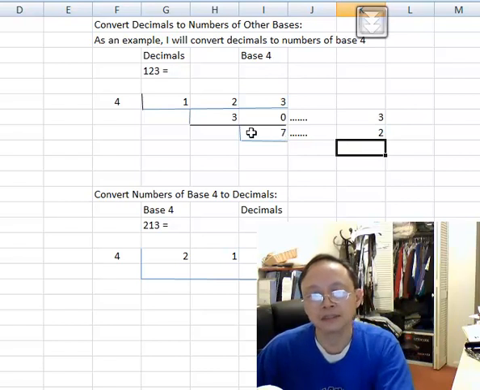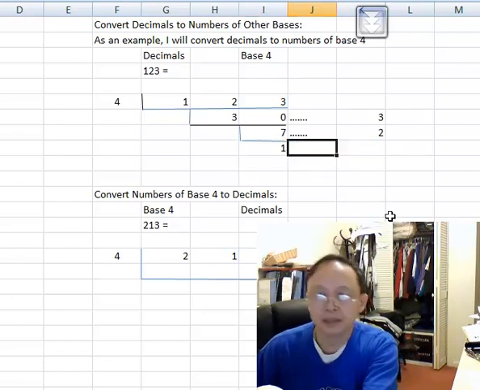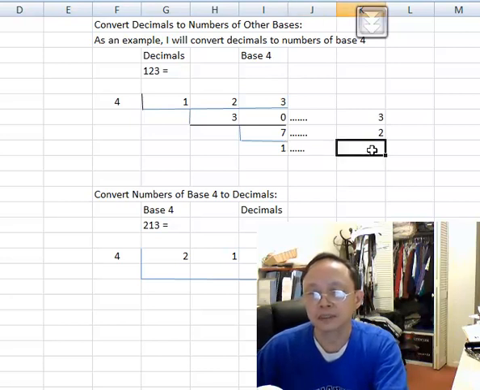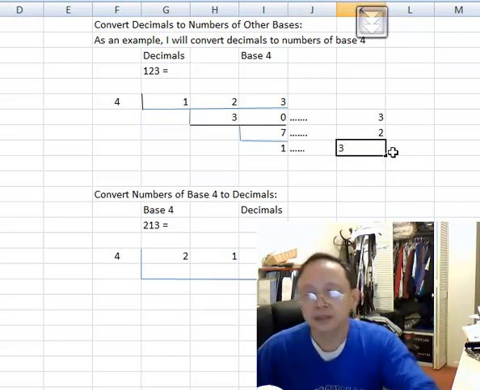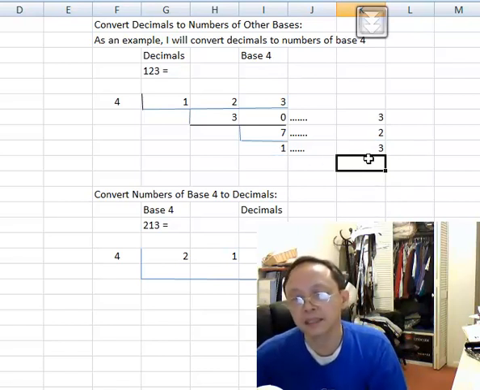Now 7 divided by 4, the quotient is 1. And then the remainder will be 3. So now we have the last quotient 1, and then last remainder 3, second last remainder 2, and then the first remainder 3.